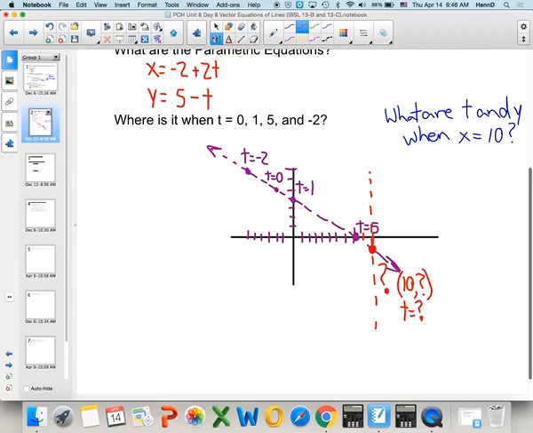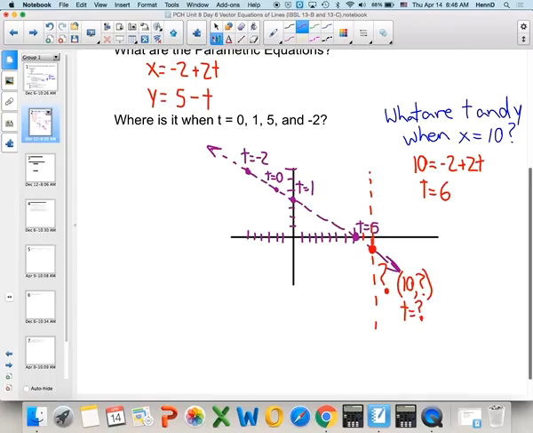So, how would we figure this out? You just plug in 10 for x. 10 equals negative 2 plus 2t. So t ends up equaling 6.